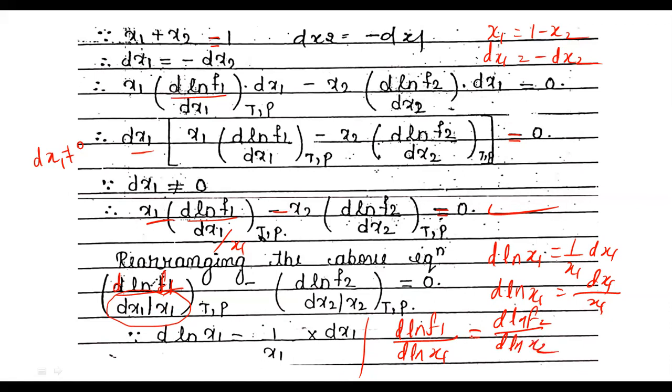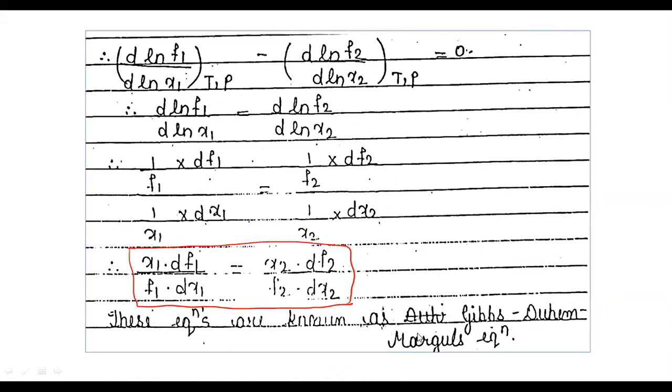This equation is called the Gibbs-Duhem-Margules equation. Once again, we can simplify this equation also.